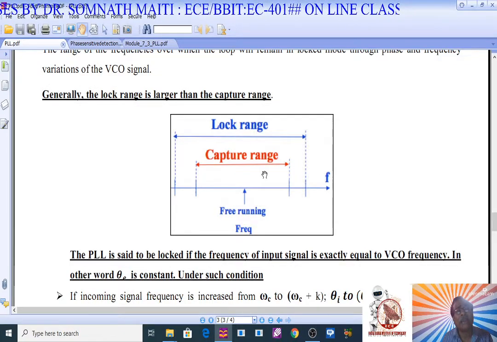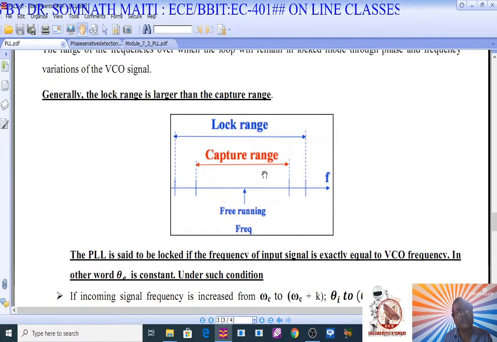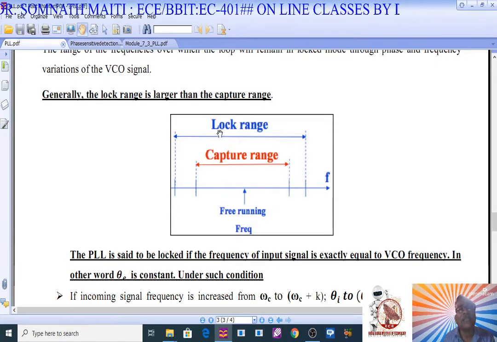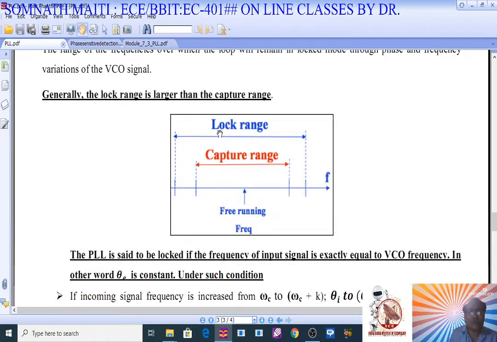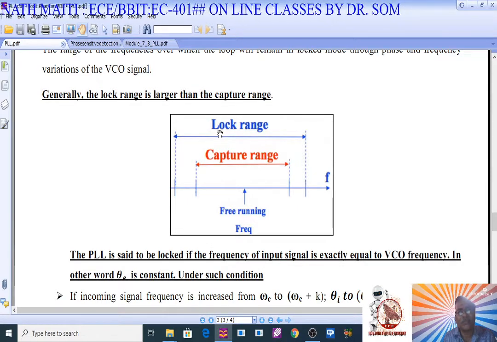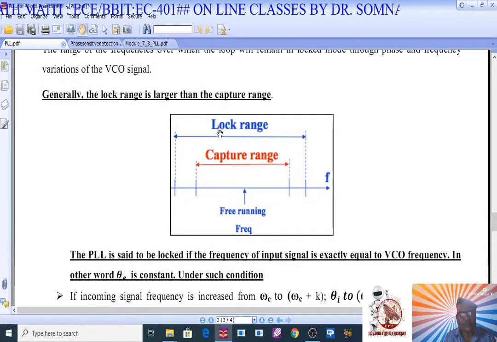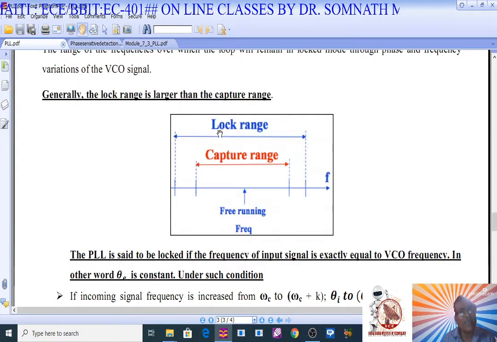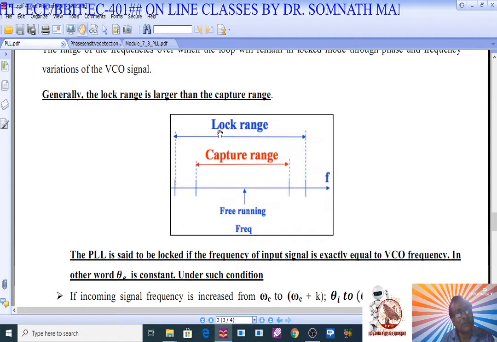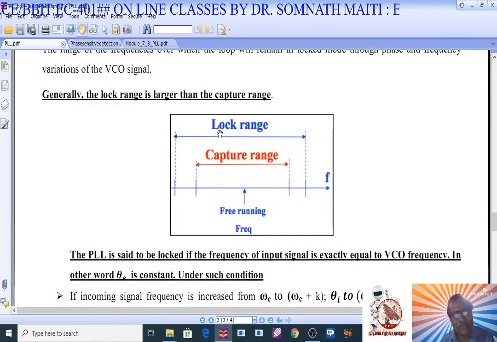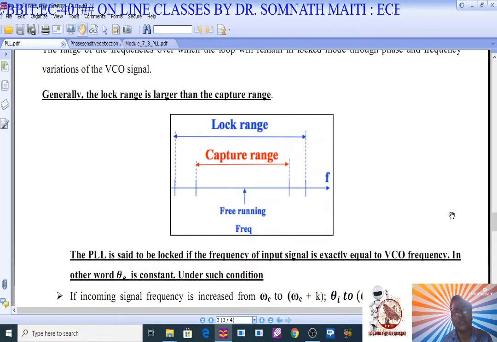I told you the capture range depends upon the low pass filter, but the lock range depends upon the factor of the phase detector, the factor of the VCO, and the factor of the low pass filter. All three.